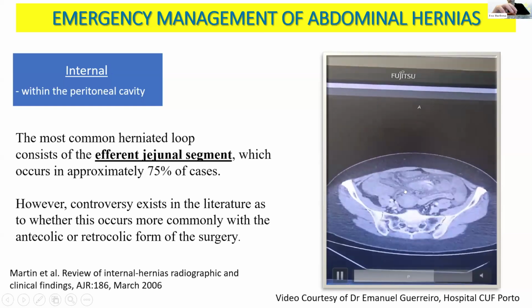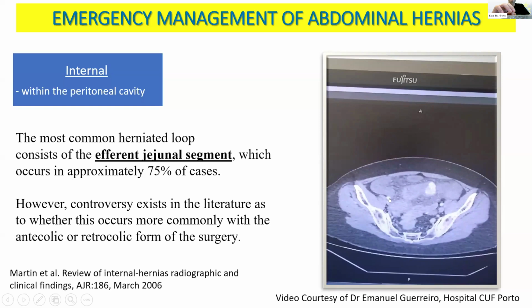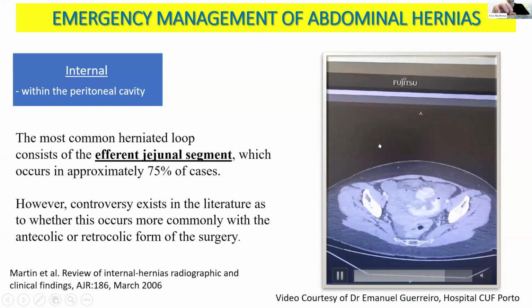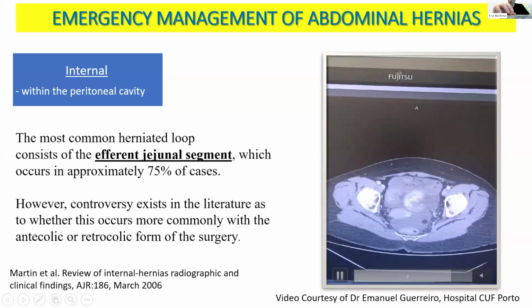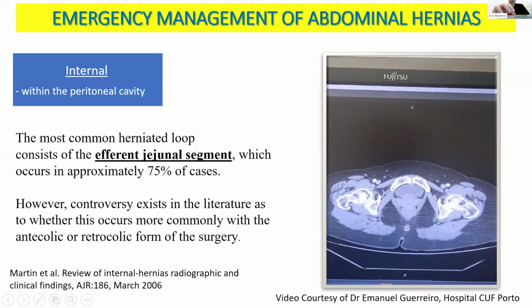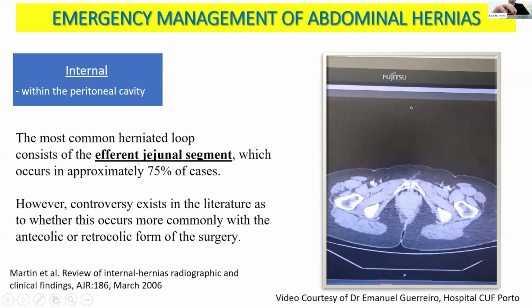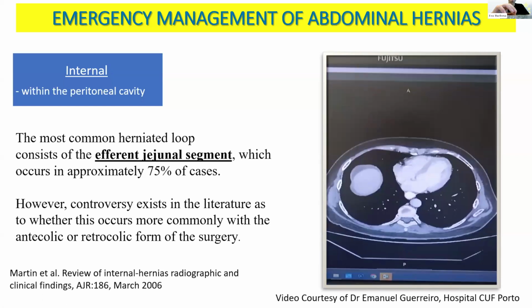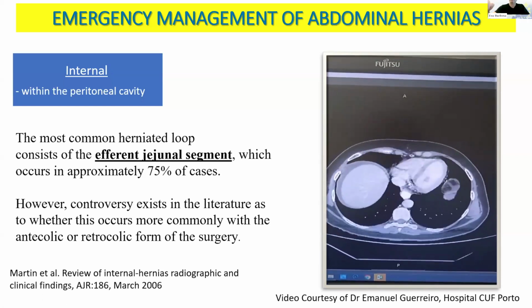So these cases are dramatic, and this patient actually had a double passage of the bowel through the mesenteric defect, and this usually, in 75% of the cases, has to do with the afferent jejunal segment.